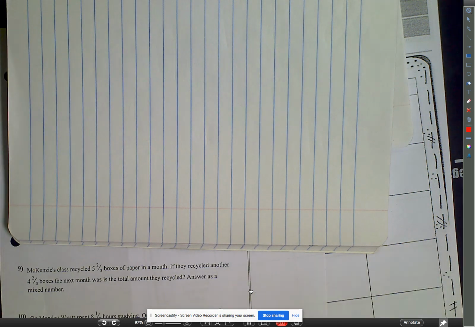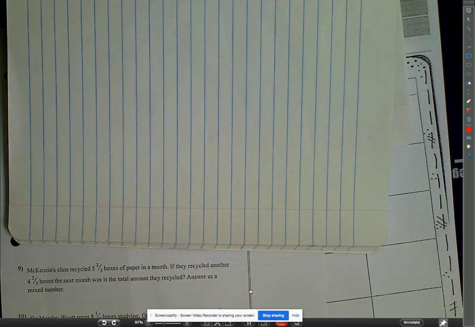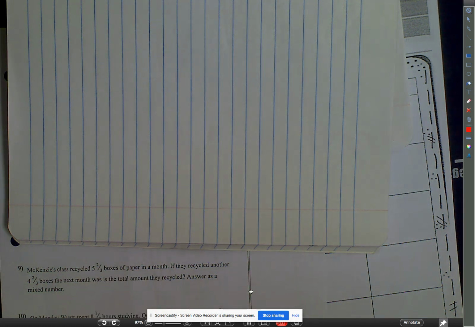Okay. So what do you think you're going to do? Multiply. Multiply them? What gives you the hint that you need to multiply? Because "of" means multiply. Okay, in this case, it's not "of a number," though. That's just boxes of paper. It's just a word connecting the boxes of paper, telling you what it is.